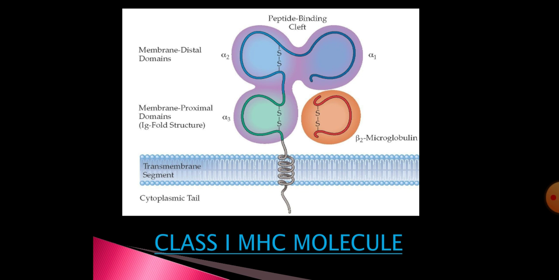The membrane proximal domain also has 2 domains, alpha 3 and beta 2. This is also known as Ig fold structure. It has a transmembrane segment and a short cytoplasmic tail. It also has a peptide binding cleft over the top of the molecule.